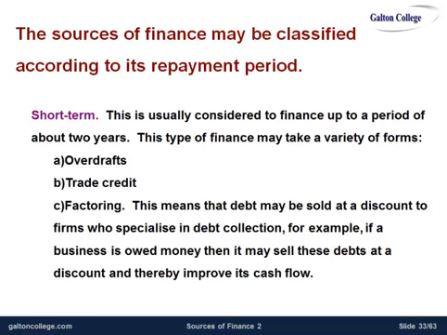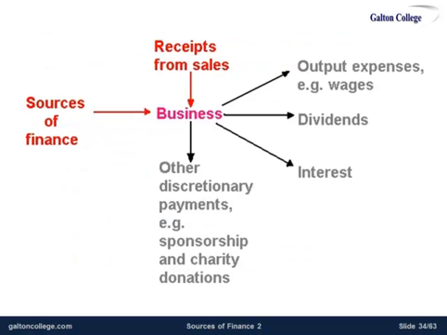We can summarize a lot of this in a very simple diagram. Not a very adequate diagram, but nonetheless, have a look at it. Here we have sources of finance going into the business. We have receipts from sales going into the business. And then we have output expenses, wages, machinery, so on. We have dividends going to the shareholders. We have interest going out.